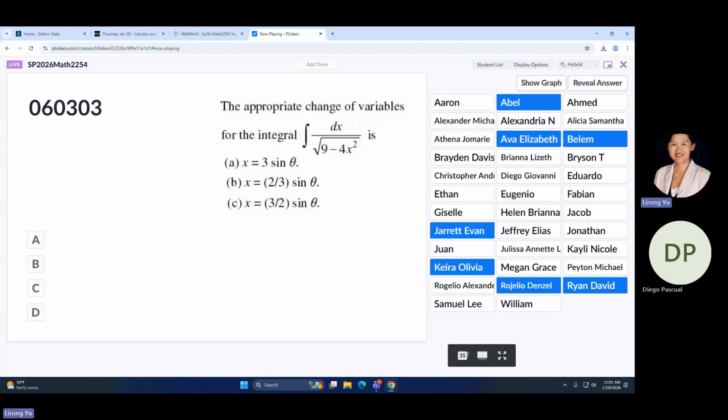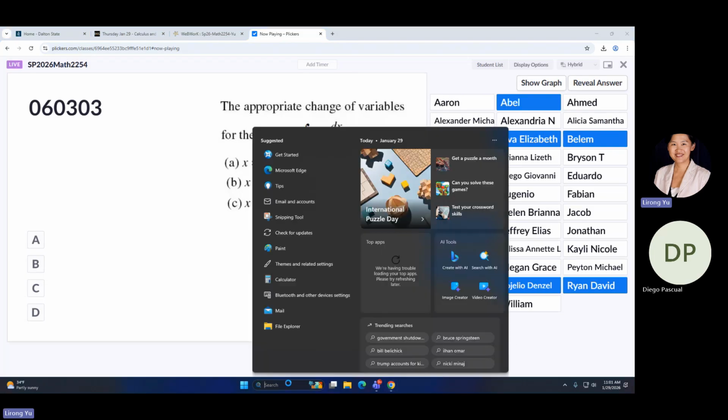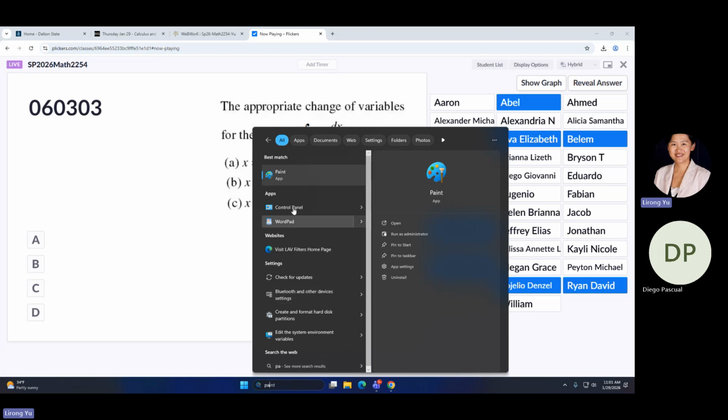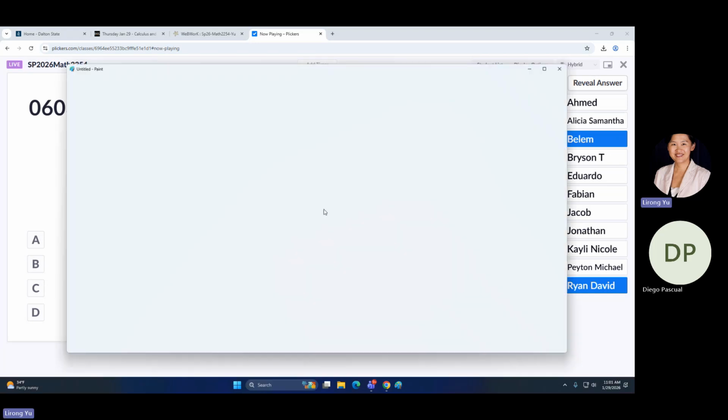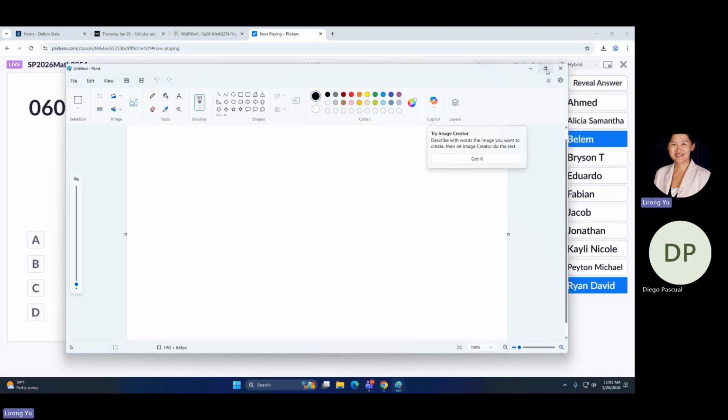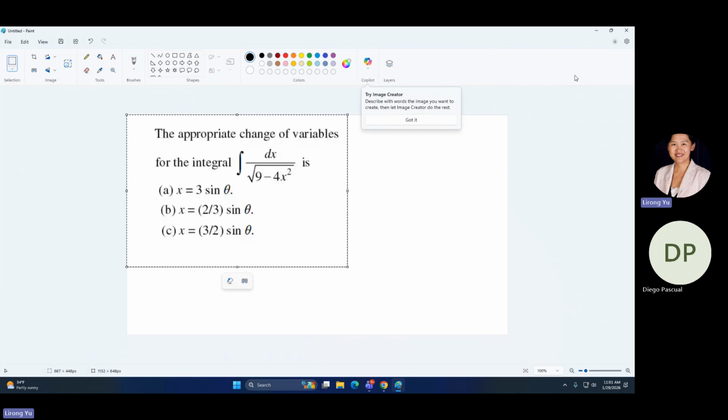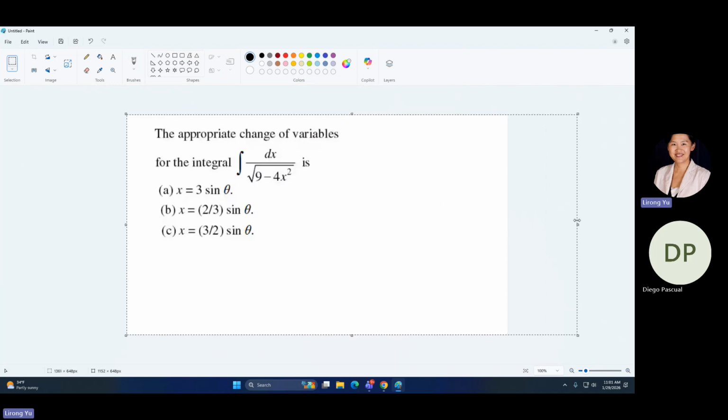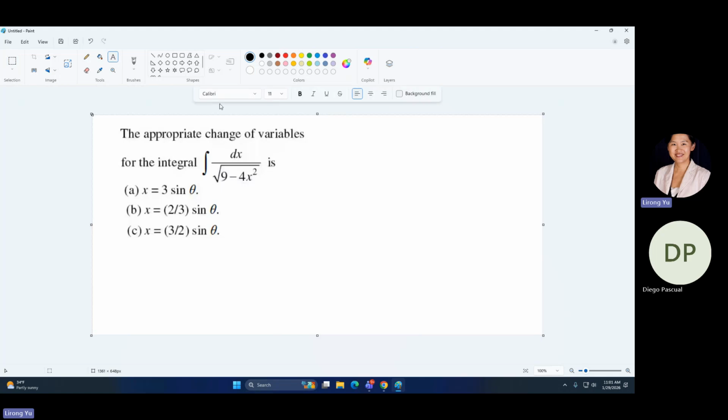Knowing how to substitute the right way is really important for trig substitution, because you may have the right direction, but not having the right substitution still won't work.